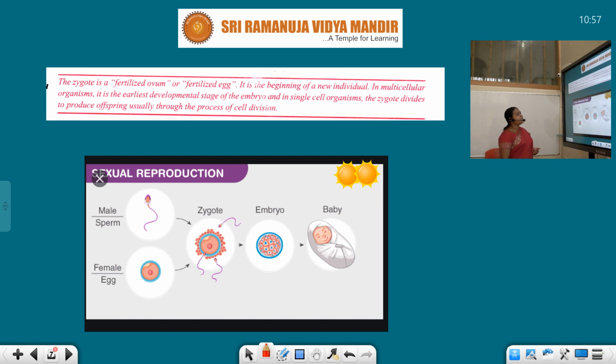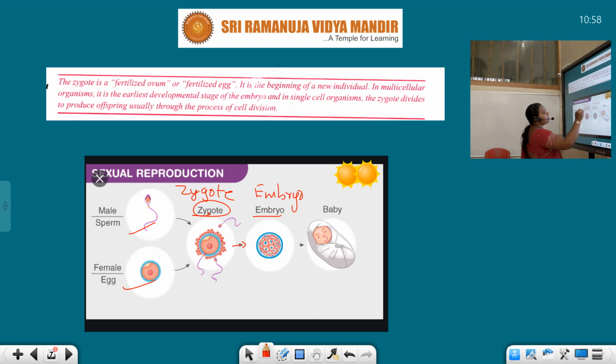And another diagram showing sexual reproduction. See students, male sperm cell, female egg. When they fuse together, it forms the zygote, students. Then this zygote later develops into an embryo, and this embryo develops into the baby, the human baby will come.